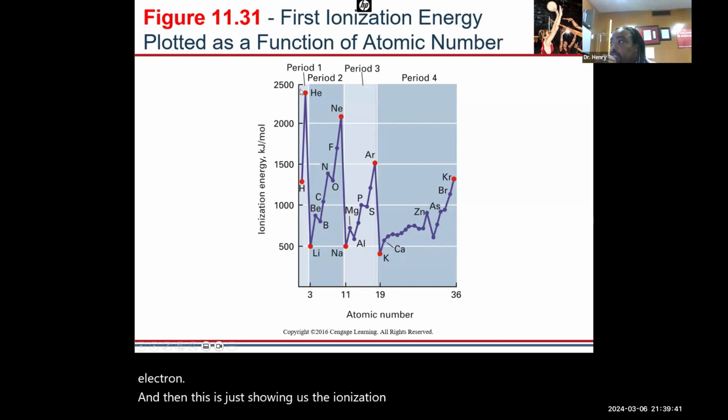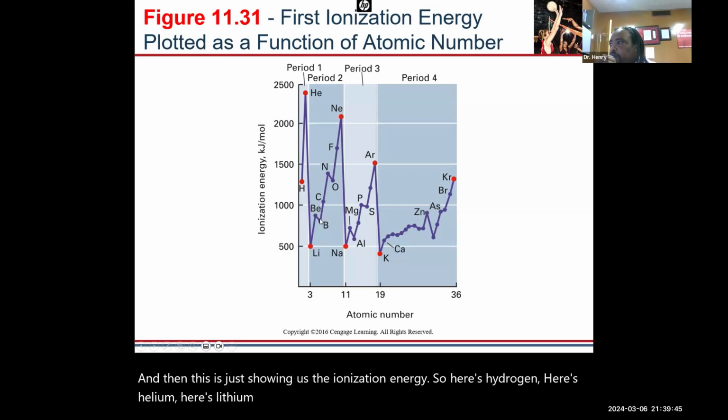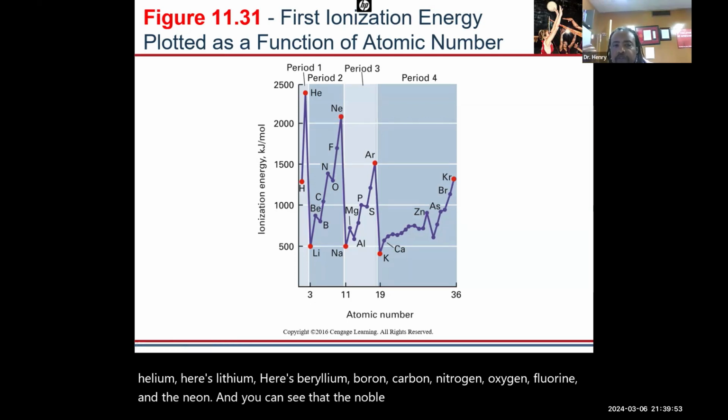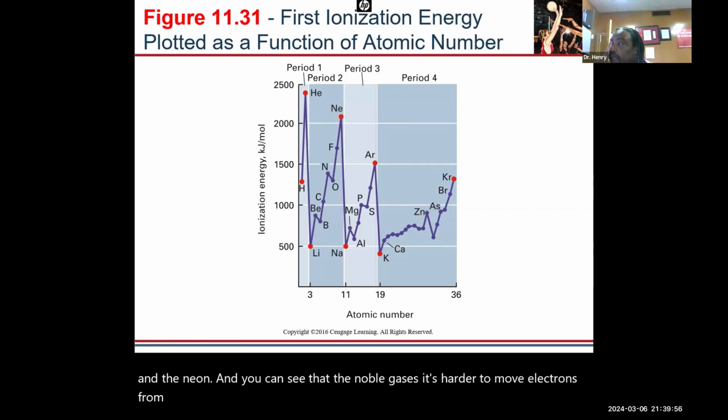So here's hydrogen, here's helium, here's lithium, here's beryllium, boron, carbon, nitrogen, oxygen, fluorine, and then neon. And you can see that it's harder to remove electrons from the noble gases. And then it becomes really hard with fluorine as well, because they're really strong.